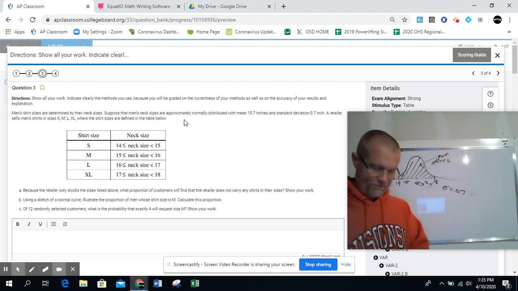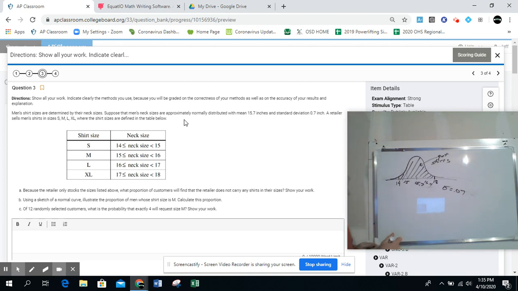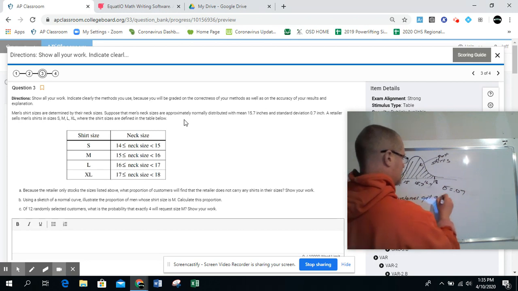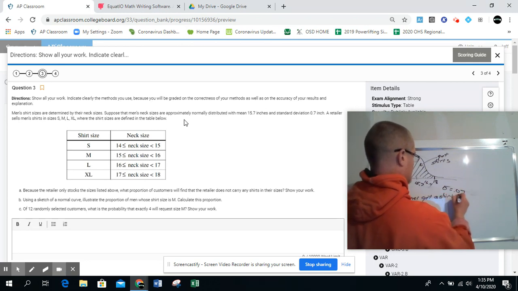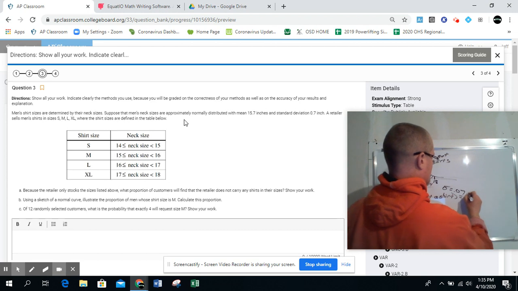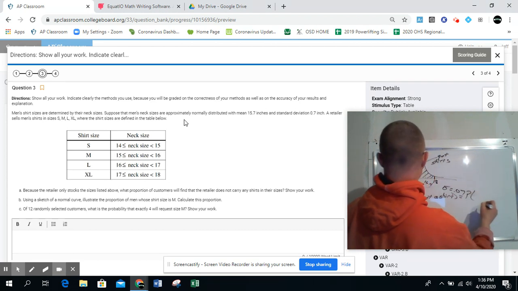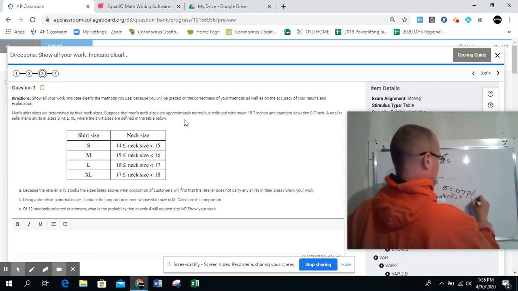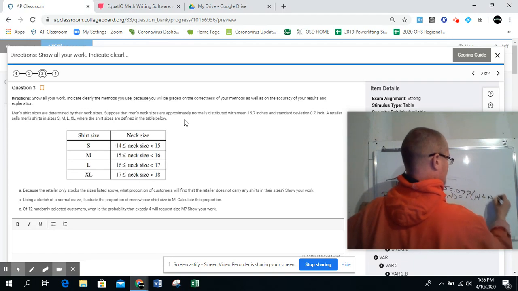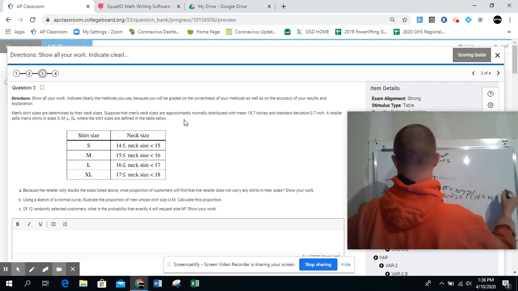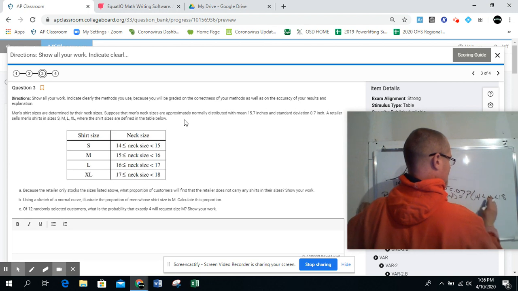They're going to like the sizes that they find. So the probability that a customer gets a shirt is equal to the probability that their neck size is between 14 and 18.